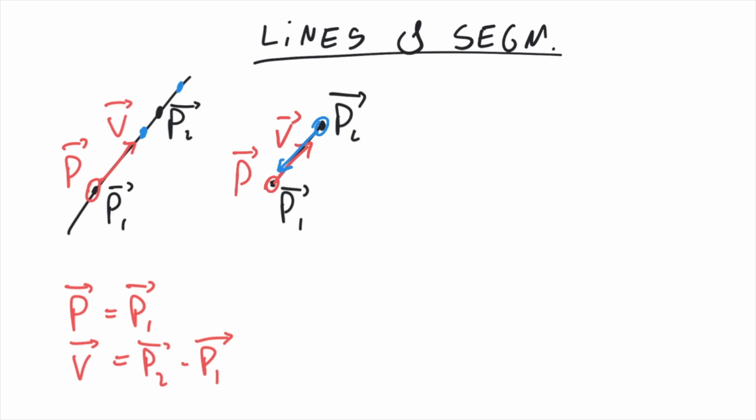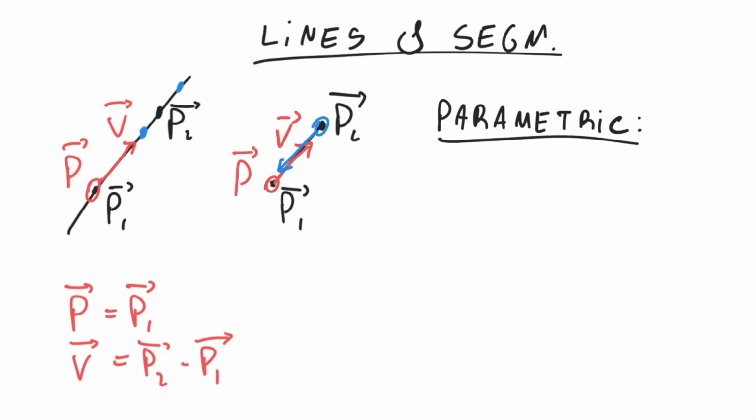So in particular, the point-vector representation for both lines and segments leads to what is called the parametric representation.